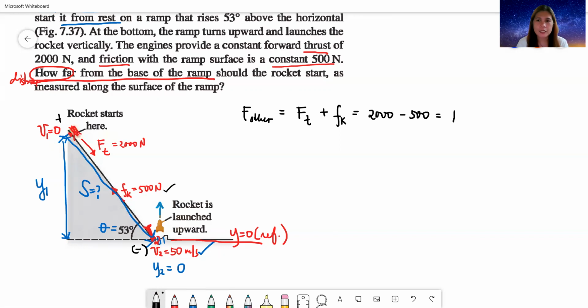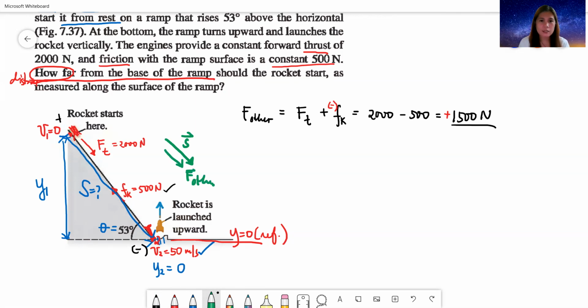So we only have here another force of 1,500 newtons. Now, since the thrust is greater than the friction, the total other force is positive, diba? So the work done by this force would also be positive. Bakit? If you notice here, the displacement vector is downward, and then the other force, the total ng dalawa, is also downward.